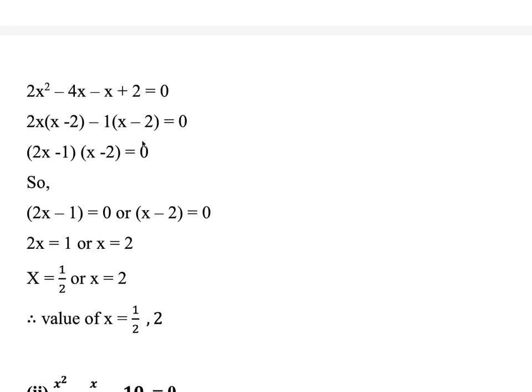After that, by the middle term factorization method, you will get (2x minus 1)(x minus 2) is equal to 0. If 2x minus 1 is equal to 0, then the value of x will be 1 by 2, and if x minus 2 is equal to 0, the value of x will be plus 2.